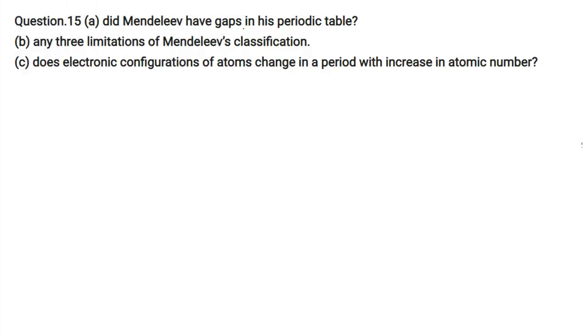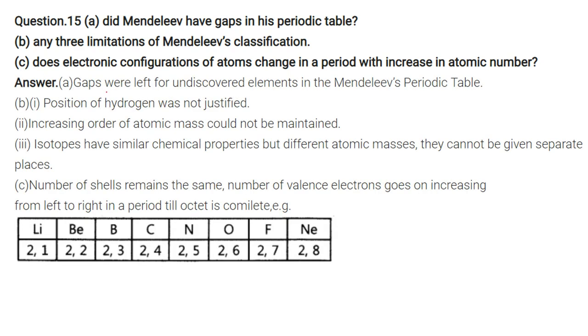Why did Mendeleev have gaps in his periodic table? The gaps were left for undiscovered elements. He had such foresight that he knew some elements would be discovered, and this happened.